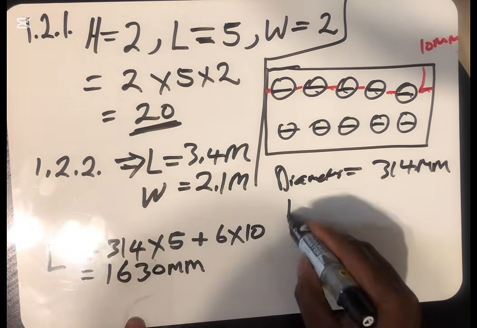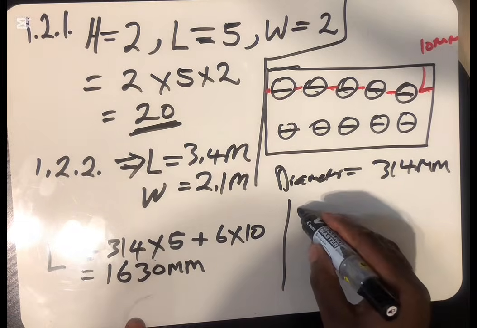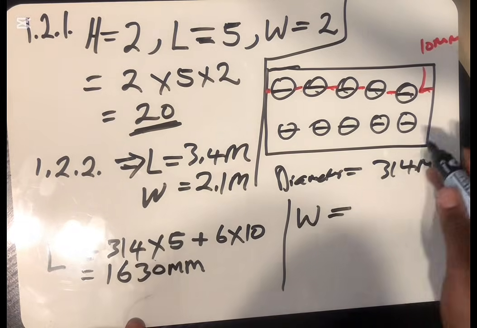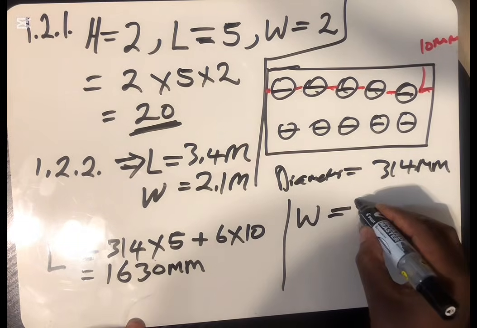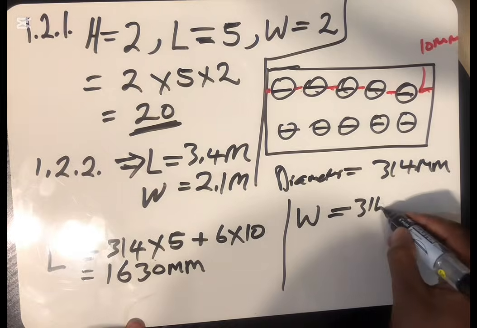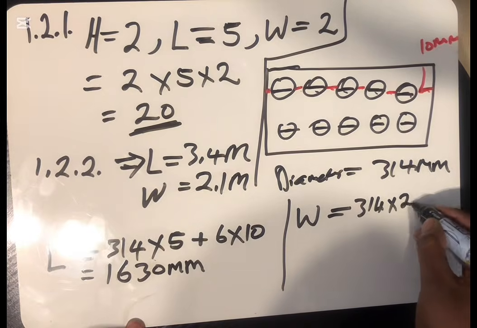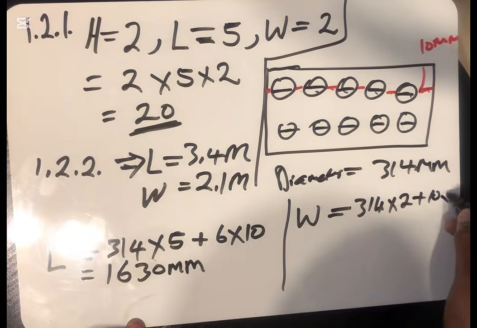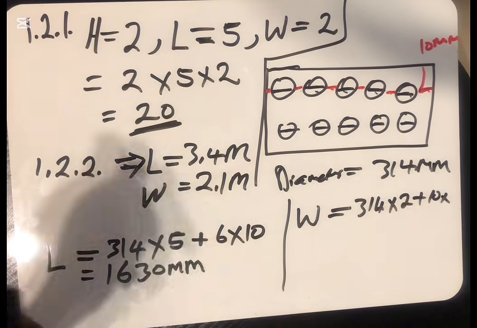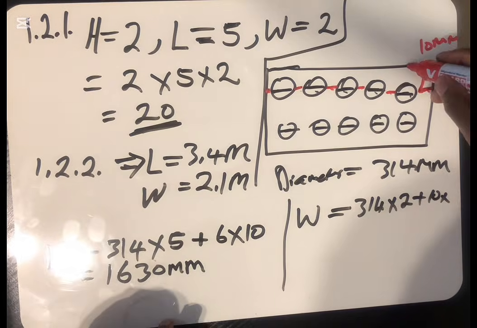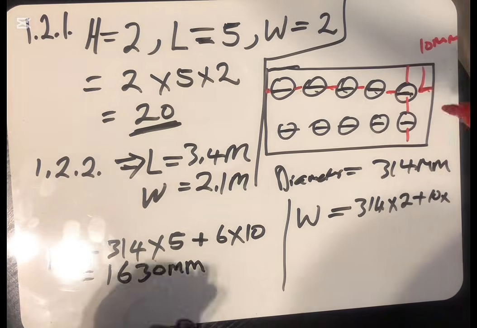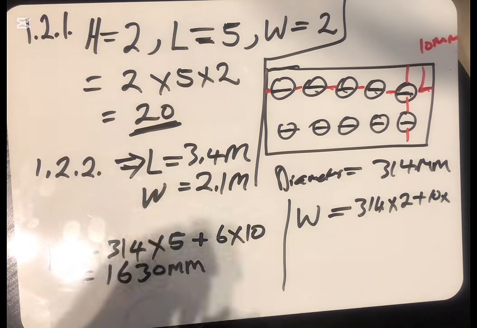Now let's check the width. We have 2 bottles, which is 314 multiplied by 2, plus 10 multiplied by the gaps. How many gaps do we have in terms of the width? 1, 2, 3. We have 3 gaps.